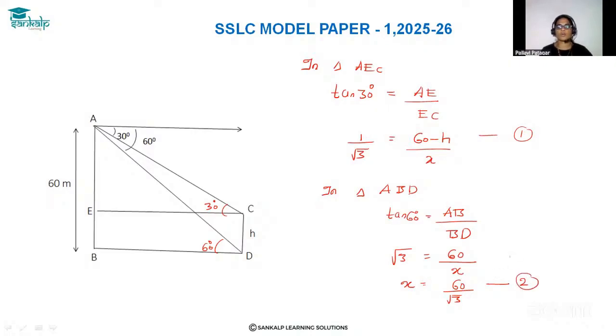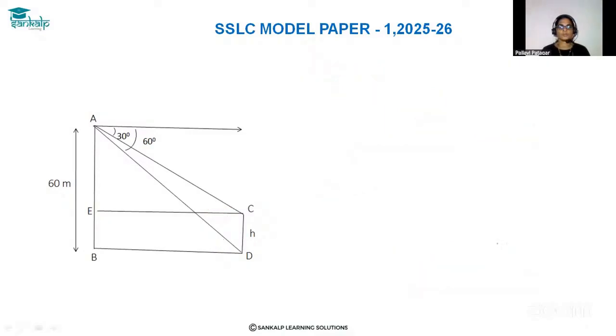So from 1 and 2, we get root 3 into 60 minus H is equal to 60 divided by root 3.